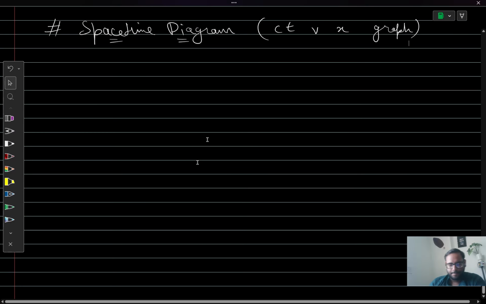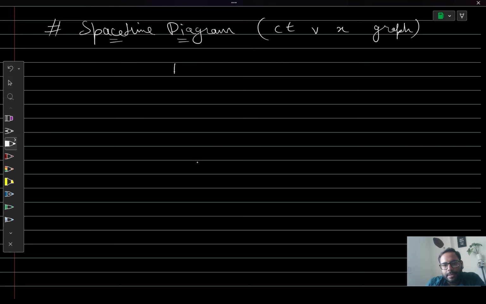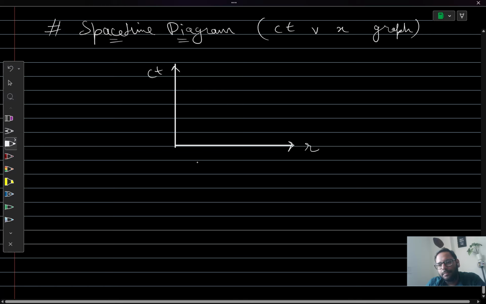So just take this y-axis. You can suppose this y-axis as the ct axis. This is the time axis, and this is my space axis. You can take it as x axis, or you can take the whole space as r vector or r.